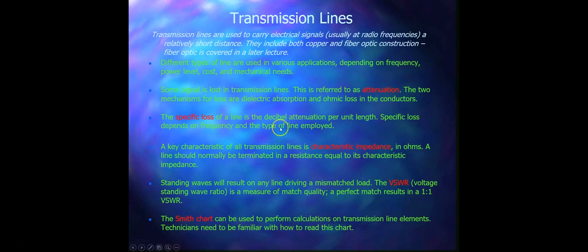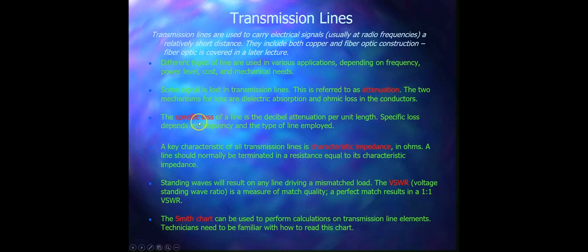Different types of lines are used in various applications depending on frequency, power level, cost, and mechanical needs. In transmission lines, some signal is lost, and this is referred to as attenuation. Two mechanisms for loss are dielectric absorption and ohmic loss in the conductors.